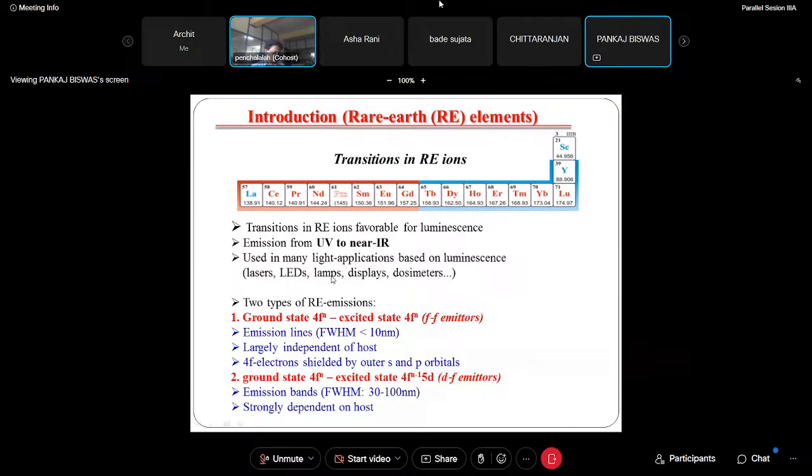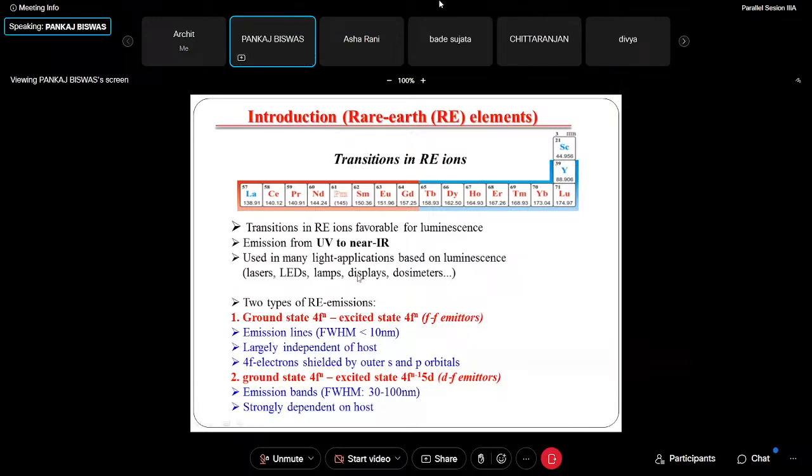We also have the rare earth elements, which are the main dopants in these materials. Rare earth transitions are favorable for luminescence, and the emission takes place from UV to near IR region. They find a wide variety of applications in lasers, displays, LEDs, lamps, and dosimeters. Rare earth emissions are of two types mainly.